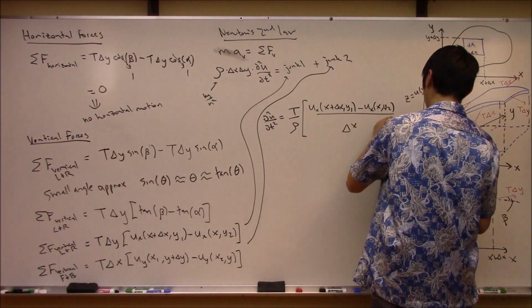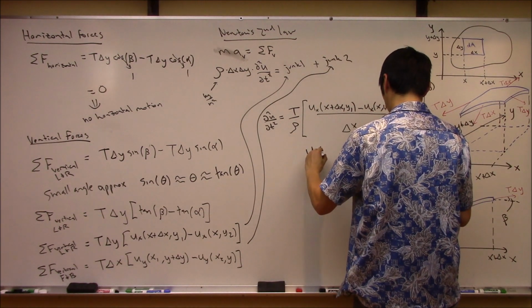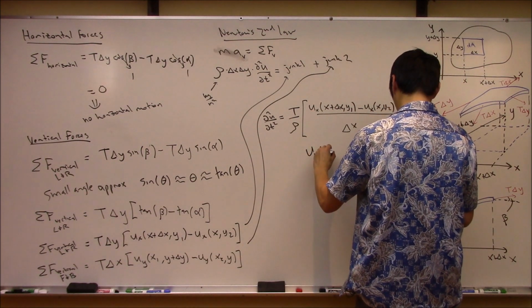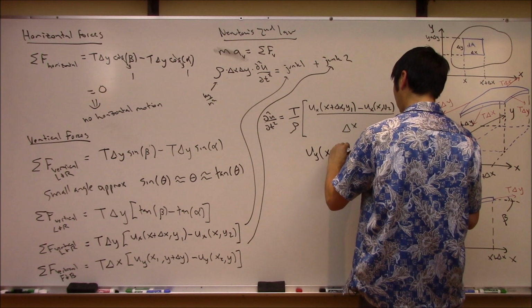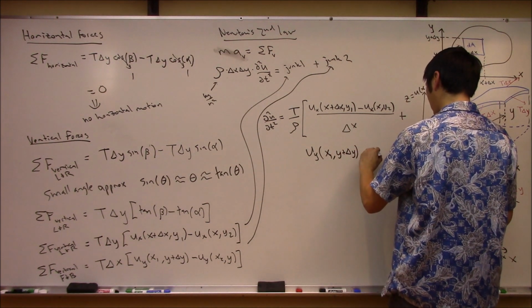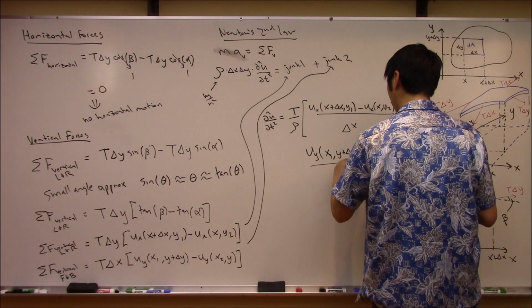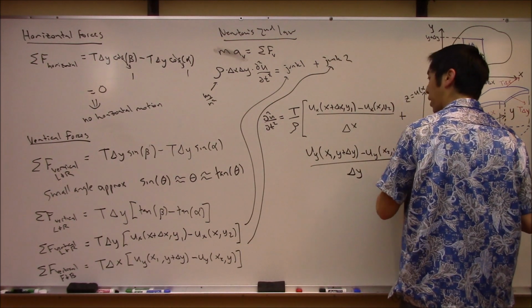This plus a very similar term, [uy(x1, y plus delta y) minus uy(x2, y)] all over delta y. And let's close this square bracket to match that.